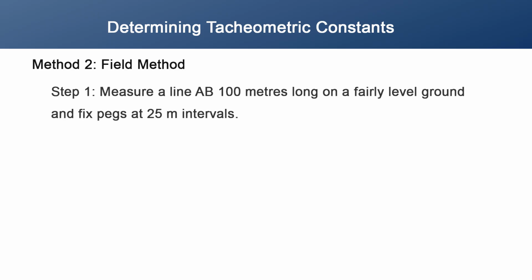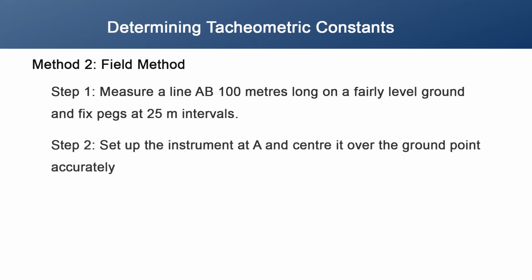Now the second method. The second method, also known as the field method, involves measuring a 100-meter long line on level ground and placing markers every 25 meters along the line. Set up the instrument at one end of the line and make sure it is correctly centered over the ground point.